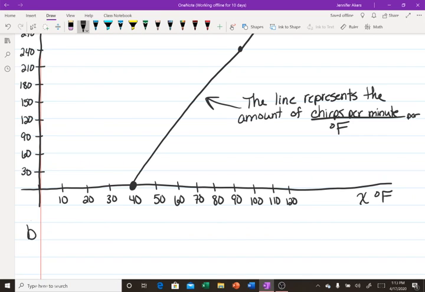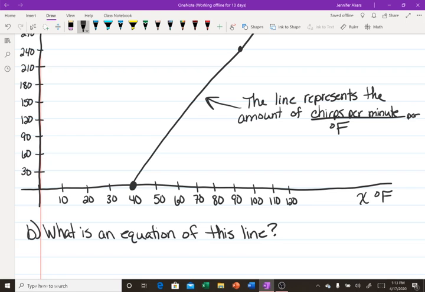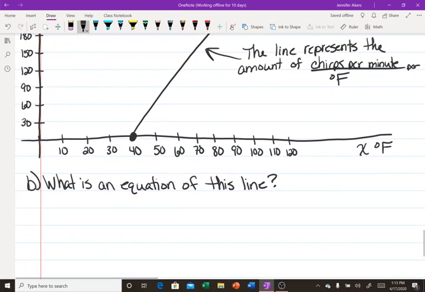Next, part B. What is an equation of this line? Okay, so here we have decisions to make.